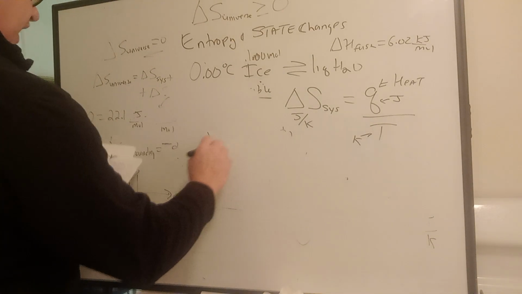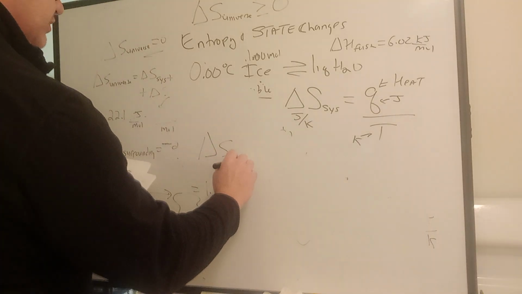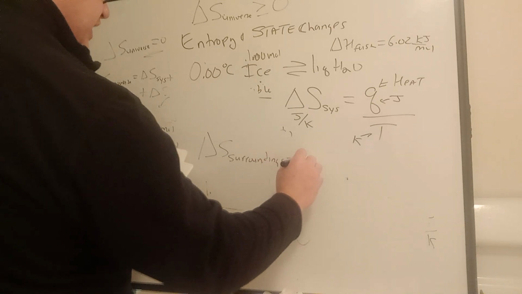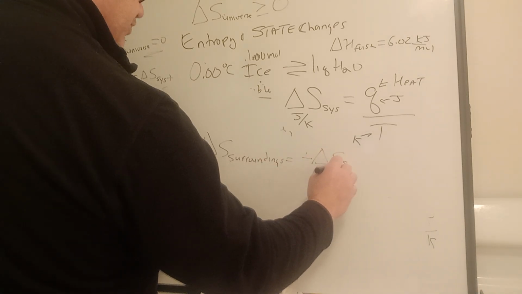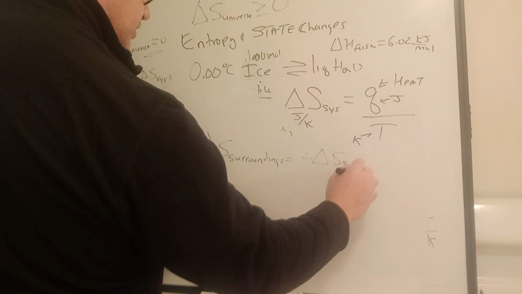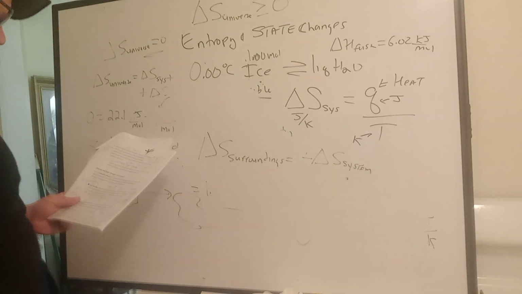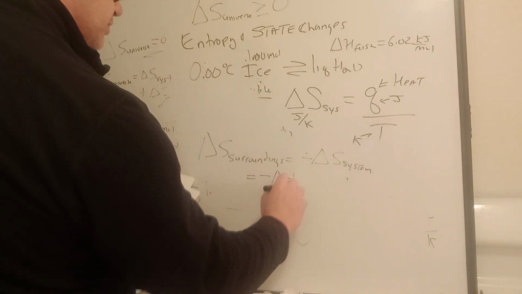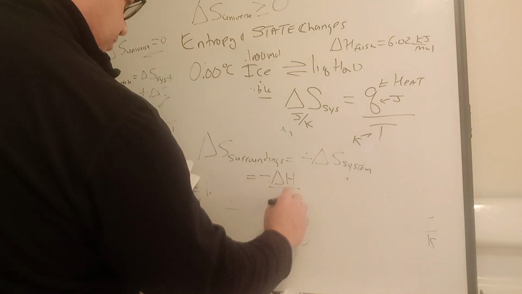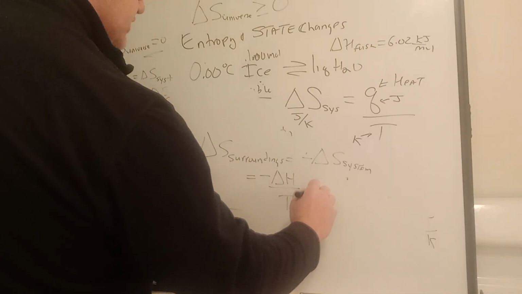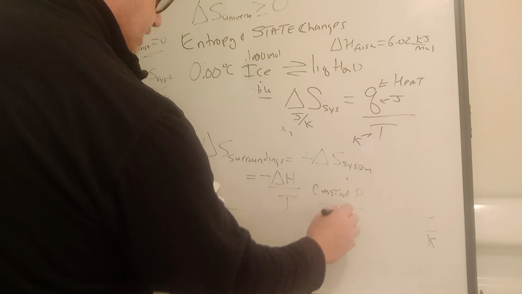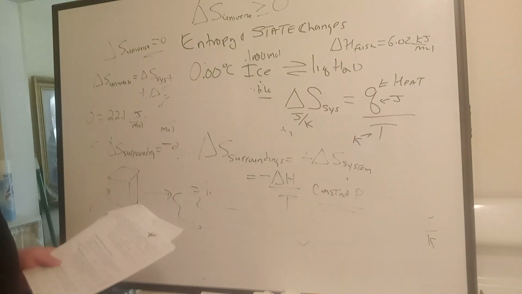Since delta S of the surroundings is equal to negative delta S system in this reversible process, that means we can write it as equal to negative delta H over T, provided we have constant pressure for our reversible process or equilibrium process.